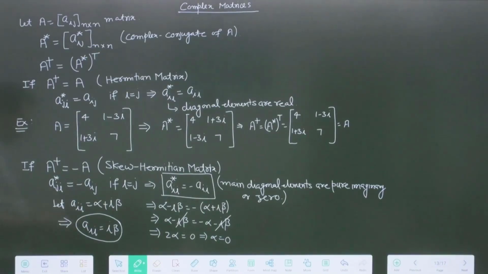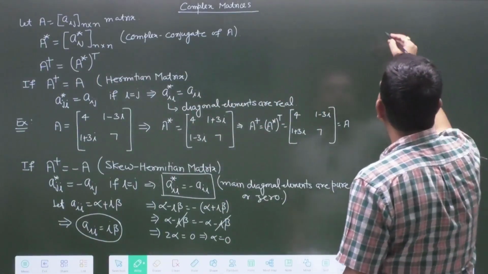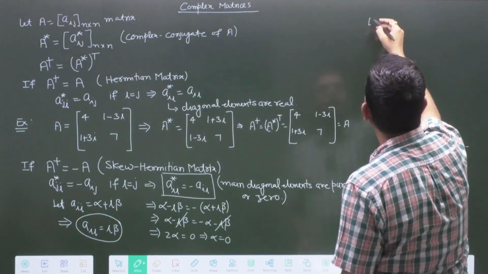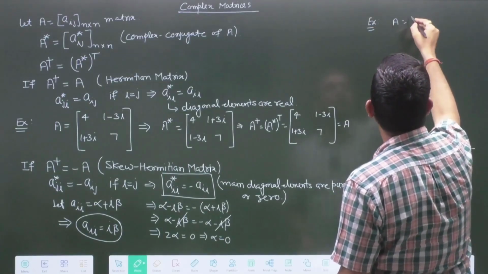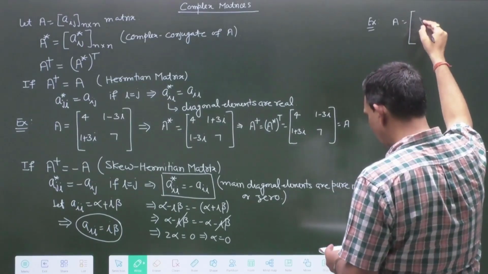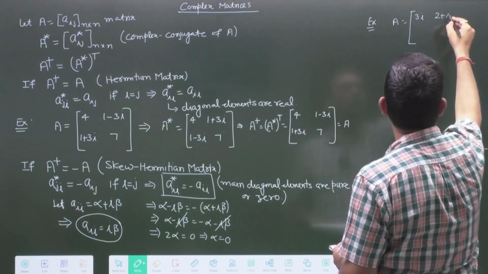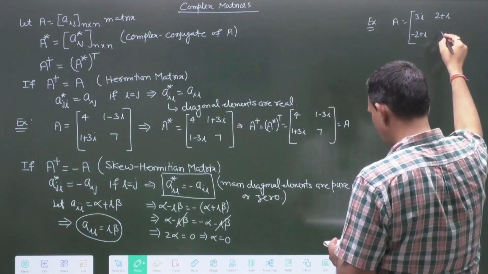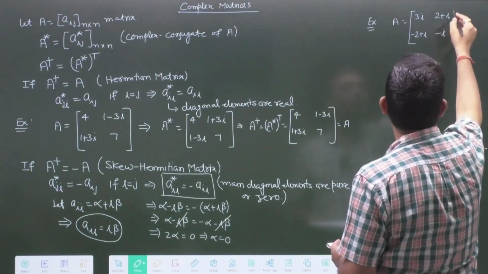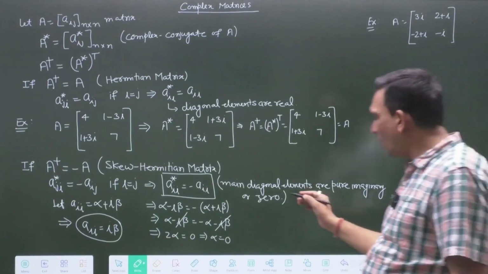That is a skew Hermitian matrix. So let's take one example of a skew Hermitian matrix. Matrix A is given as 3 iota, 2 plus iota, minus 2 plus iota, and minus iota. So the main diagonal elements should be either pure imaginary or may be 0 also.